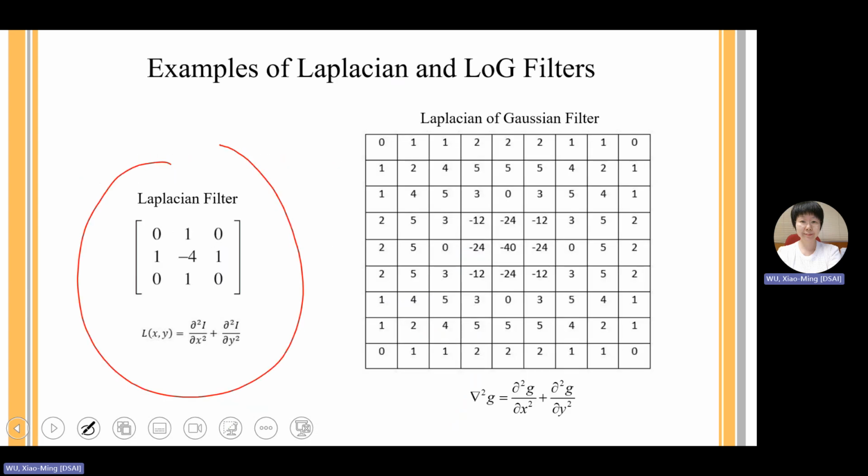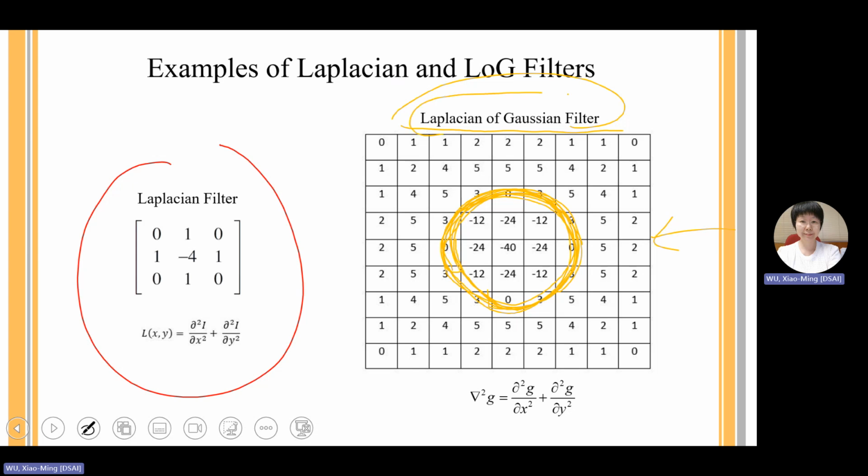Now, where are the zeros? This is the LOG filter. This is the zeros. So for this filter, if you happen to have a blob of this size, then this filter is perfect for identifying a blob of this size, because it will give maximum response.